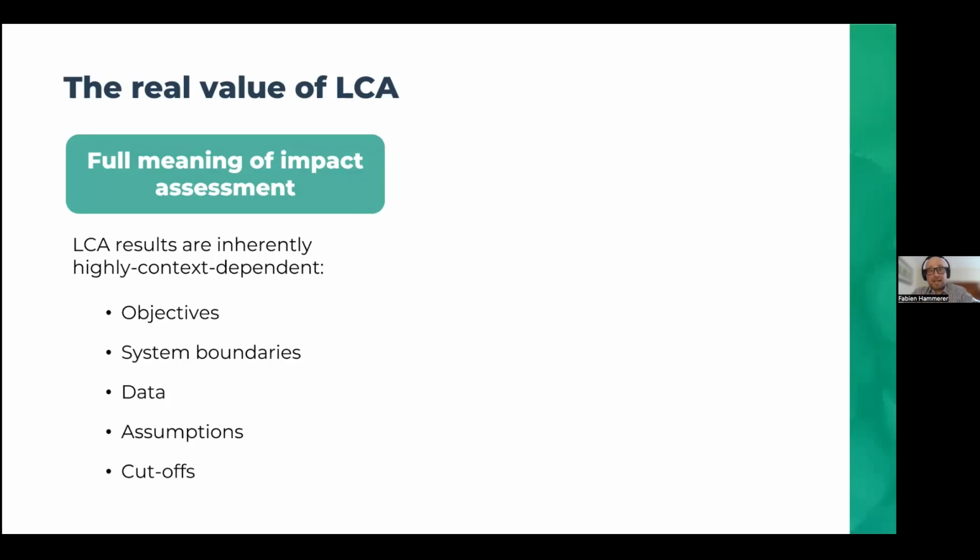And the LCA results, as I just mentioned, are inherently highly context dependent. They will depend on the initial objectives you set yourself, system boundaries, data used, assumptions, cutoffs, etc. So the role of the interpretation is to tie all of the elements of this original scope to the results and explain how they relate to each other.